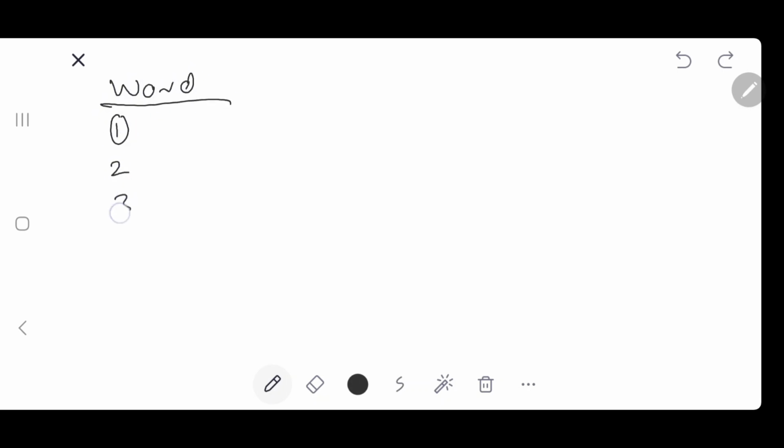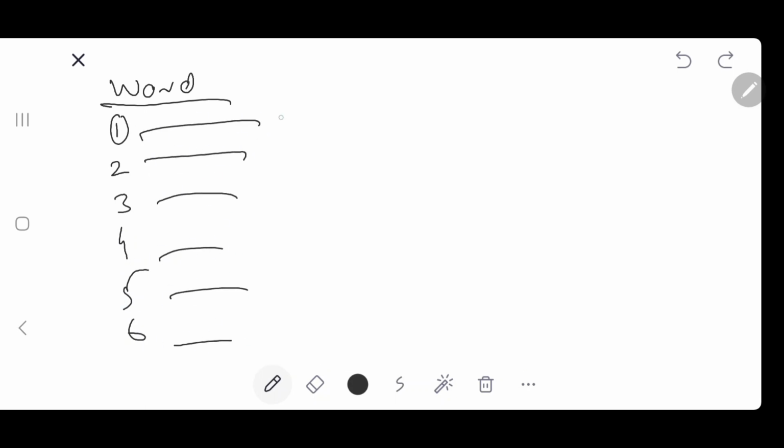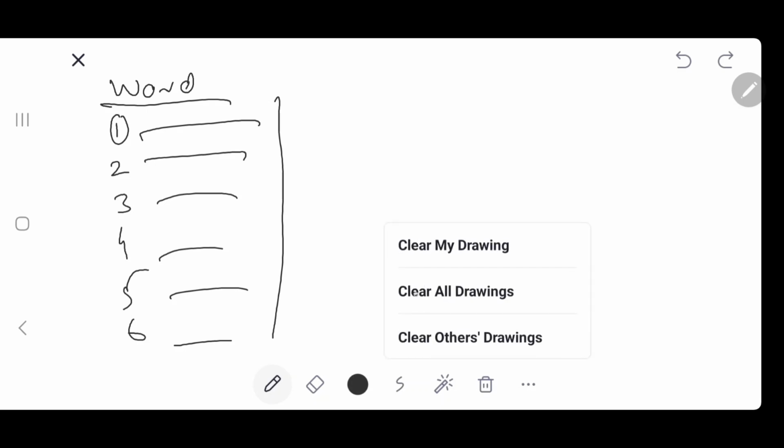Let's say 1, 2, 3, 4, 5, 6. So these are the 6 days that you have managed the patient in the ward, right? We might summarize: over the period of 6 days, his stay remained uneventful. Over the course of the ward stay, there was nothing significant found, and his stay was uneventful. So we have to summarize the ward stay, right?